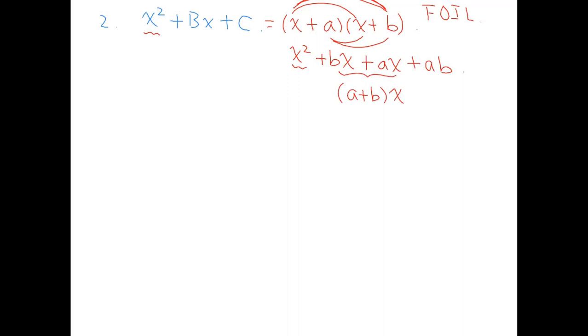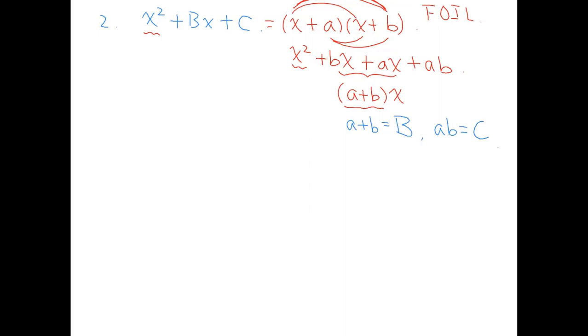So that means here we want to find two numbers, lowercase a and b, such that a plus b equals the uppercase b, right? And a times b is c, right?